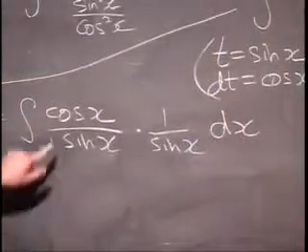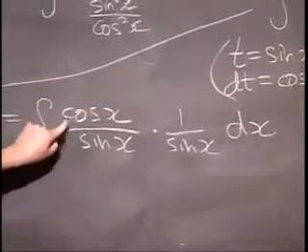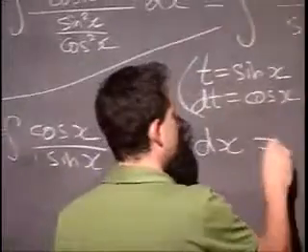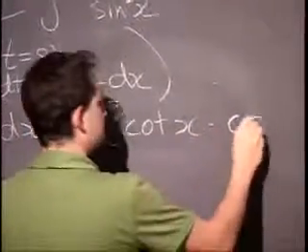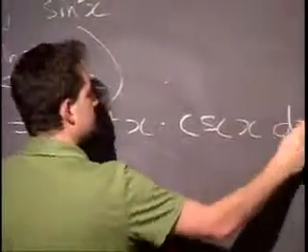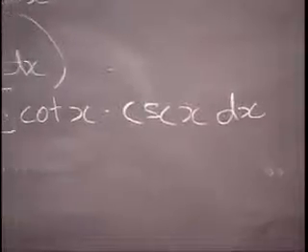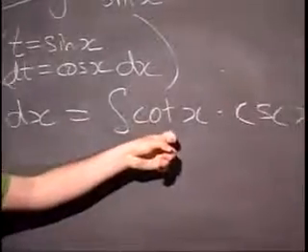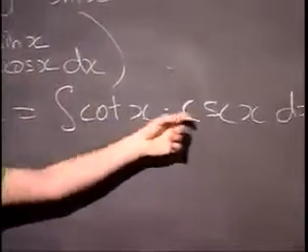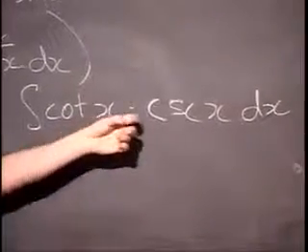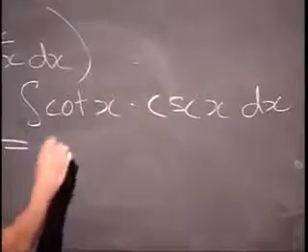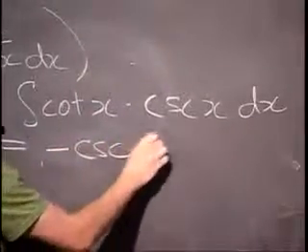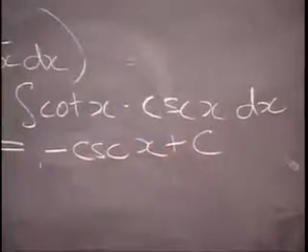In fact, if I split the bottom like this, this is just a cotangent, and that's a cosecant, and the derivative of cosecant x is just negative cosecant cotangent. So this I recognize as the negative of the derivative of cosecant x. And how about that? A miracle.